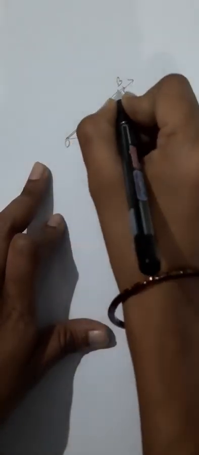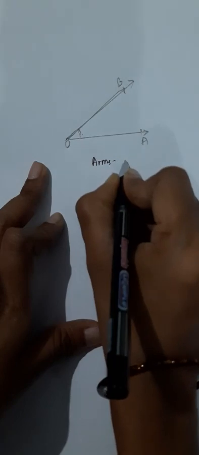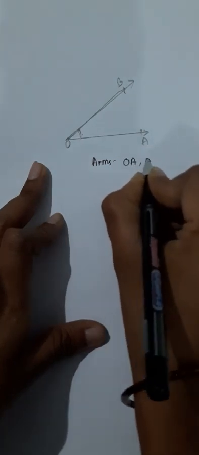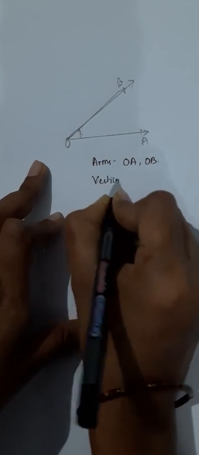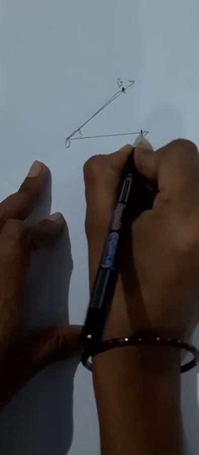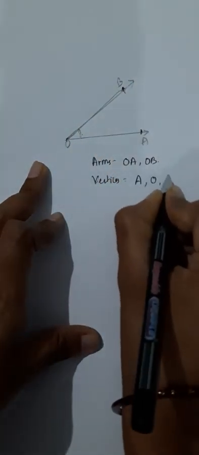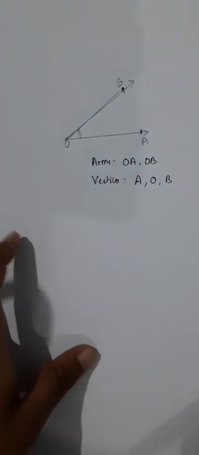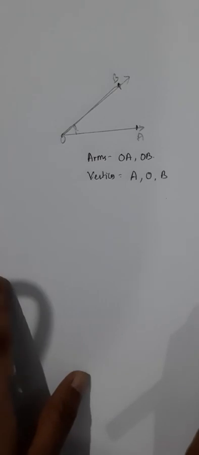So angle has arms. Here arms are OA, OB. It has vertices. Vertices means points. Here A, O, B are the vertices. Three vertices. Fine. And how are you going to name the angle?